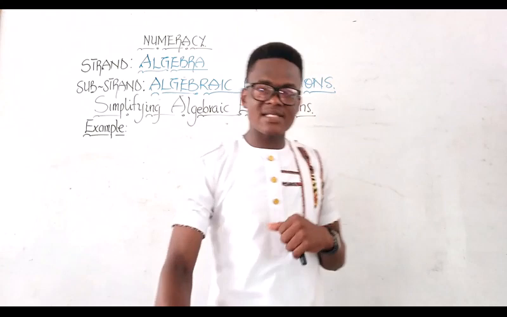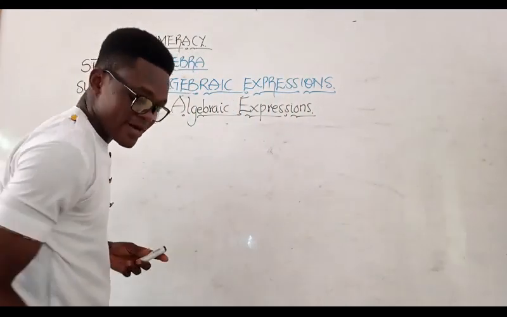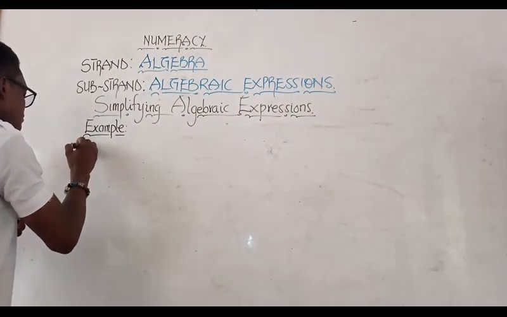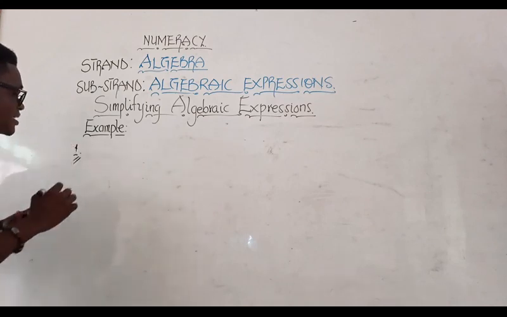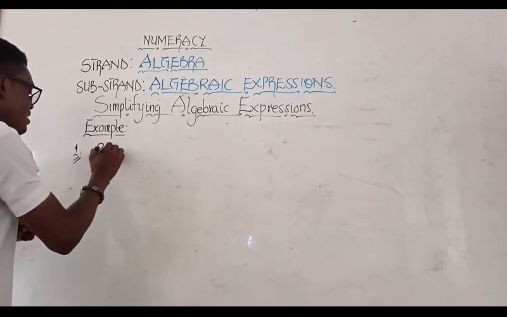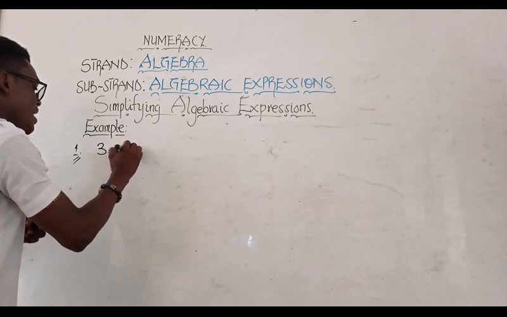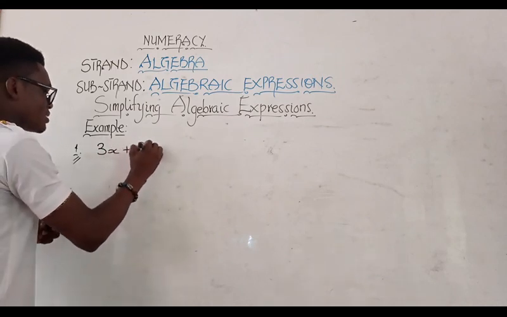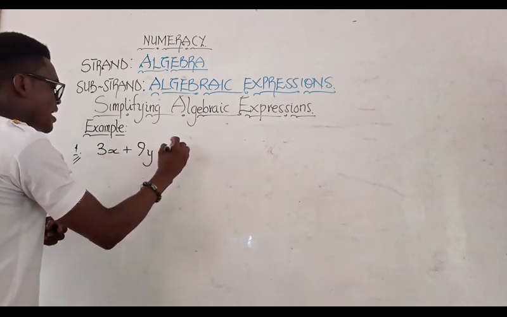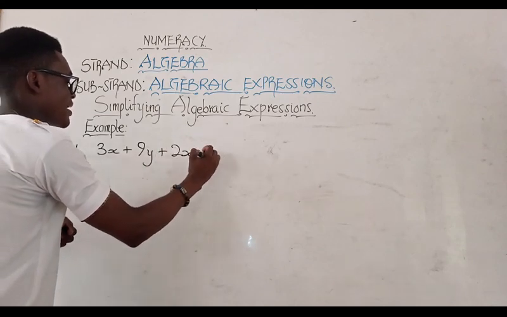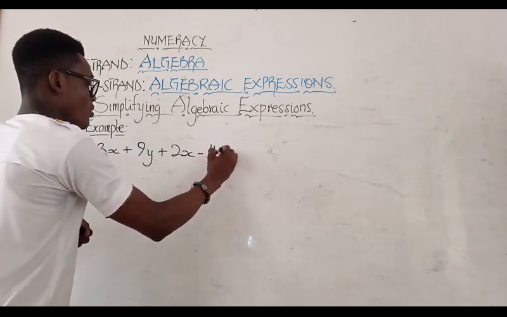So let's look at our first example. Let's say we have 3x plus 9y plus 2x minus 4y.